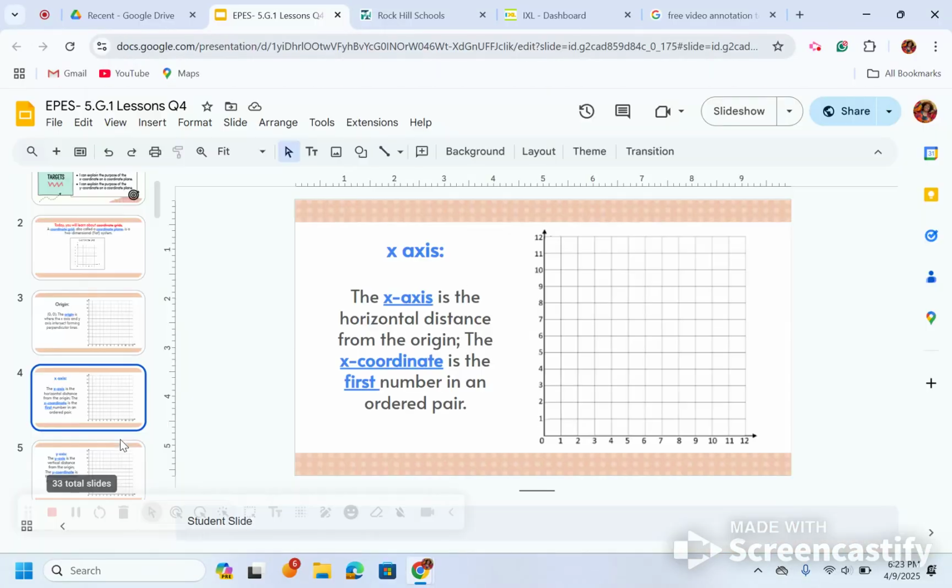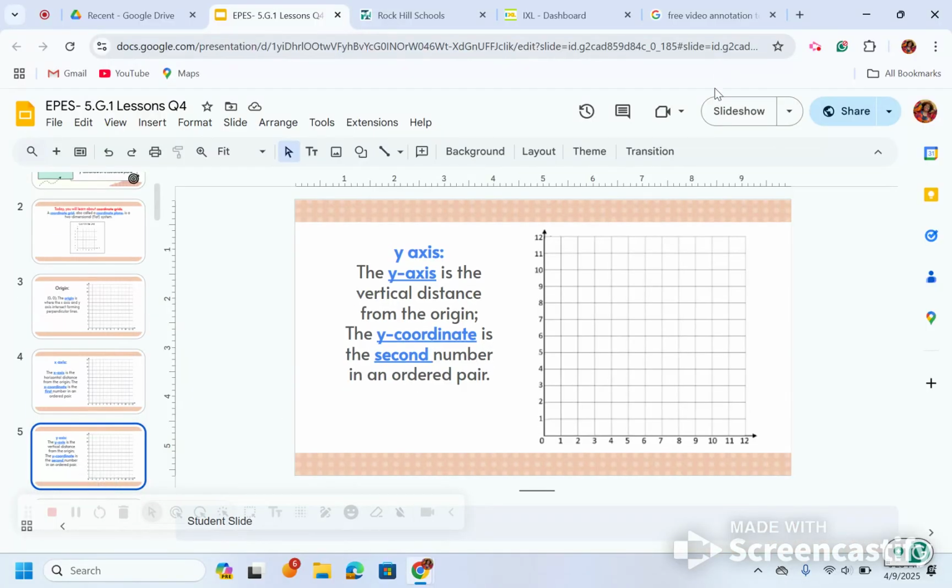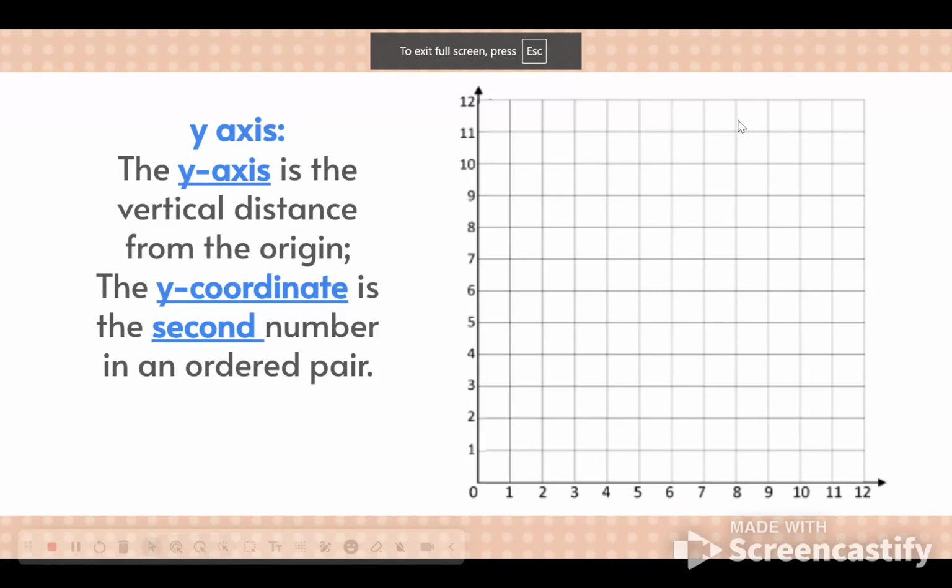All right. Next, we're going to talk about the y-axis. Remember, you should still be filling in your notes where you see it underlined in blue. Please feel free to pause where you need to fill in your notes. The y-axis is the vertical distance from the origin.